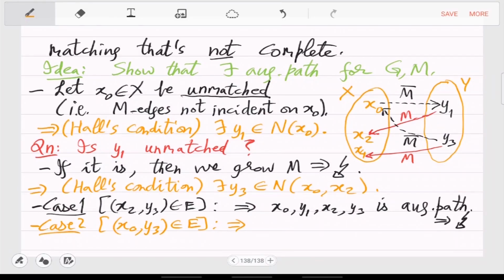And then you have to argue that there is an augmenting path. So in case 2, if you assume that there is no moving backward by M edge, then it implies an augmenting path, which implies a contradiction.